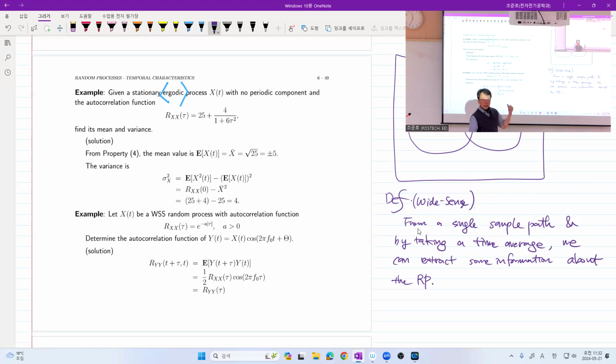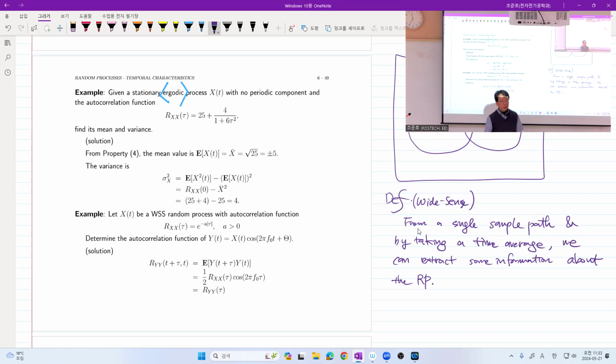As we've seen already in that strange example, a constant times cosine of 2 pi f0 t plus a random variable theta, uniform random variable, that thing. See that? If you generate theta, then this entire function is fixed. It's a cosine function with exact frequency and exact phase shift.